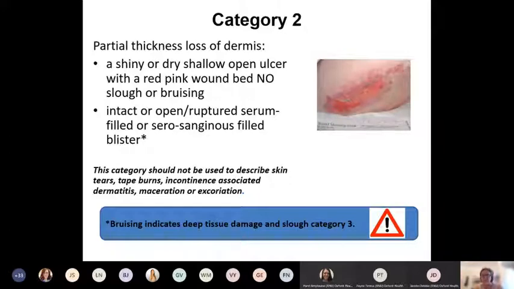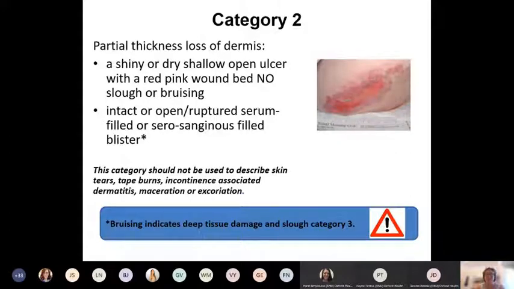What you can have that's also a category 2 would be what's called a serosanguinous blister, and that's often what you see on heels. You find a blister but it's got blood within it, and that makes it look purpley.